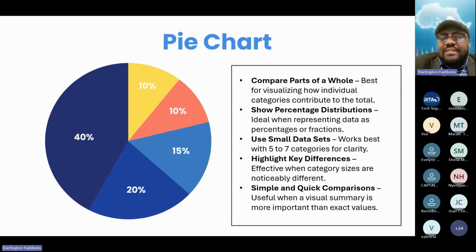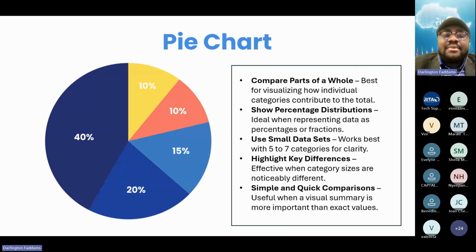use small data sets, and it works best with 5 to 7 data sets. Now, although pie charts are more suited for checking the parts of a whole, if there are 30 items, pie chart will be incredibly difficult to analyze.